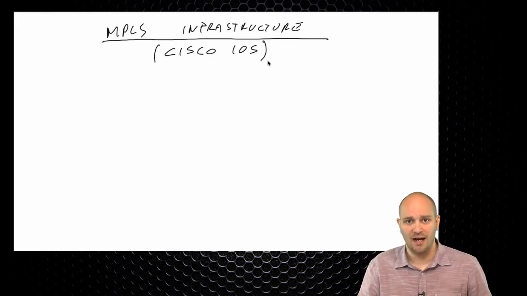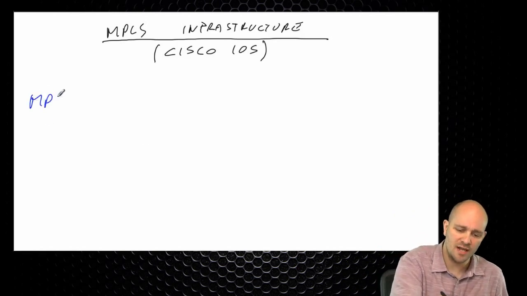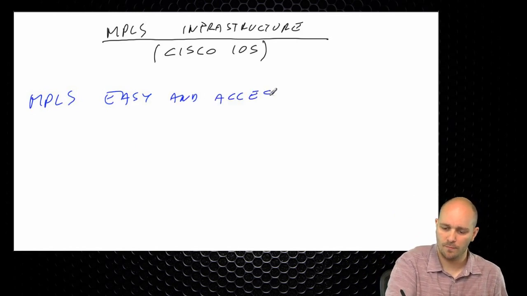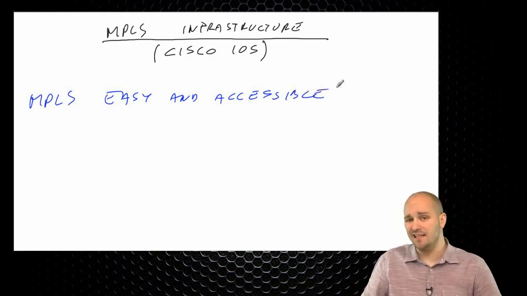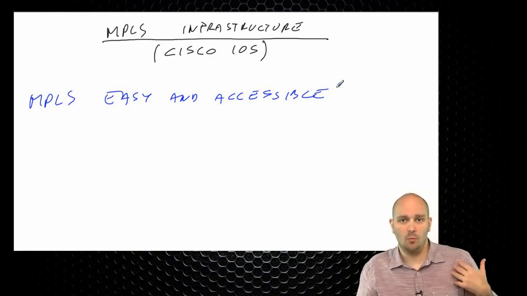Cisco's approach in IOS is that they wanted to make MPLS really, really easy and accessible.